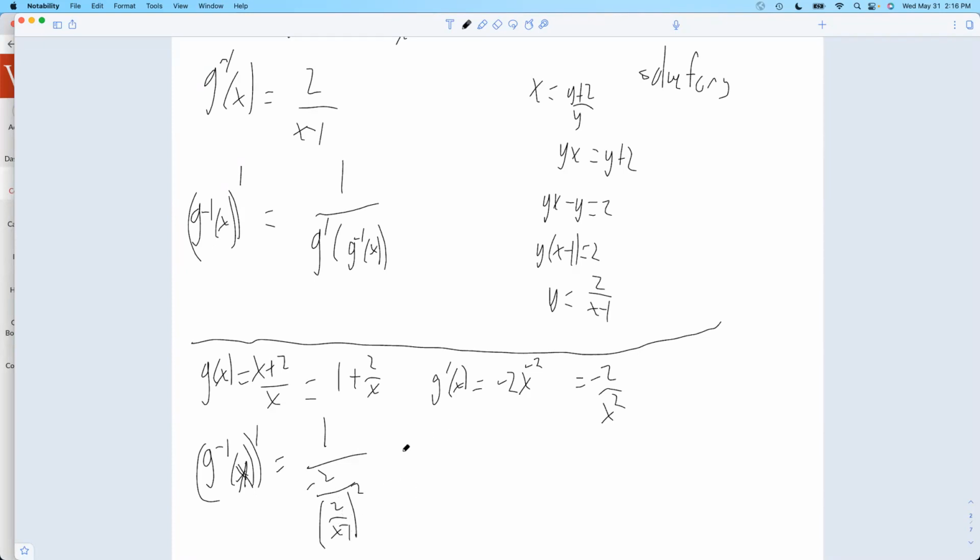Okay, now we're going to do a whole bunch of cleanup there. So I've got a fraction divided by a fraction. That's keep, change, flip. So this would be 2 over x minus 1, squared, over -2.